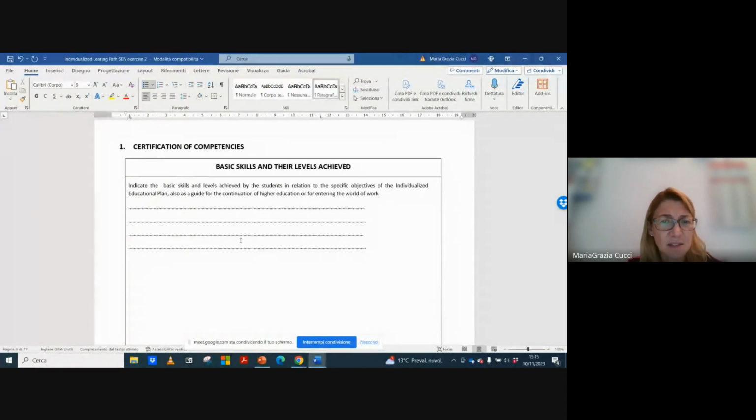These basic skills are the basic level that we want to put as the first goal at the end of the school. Then we can have different levels, and for this reason we can define them in order to give the student a specific idea of what he or she has achieved.